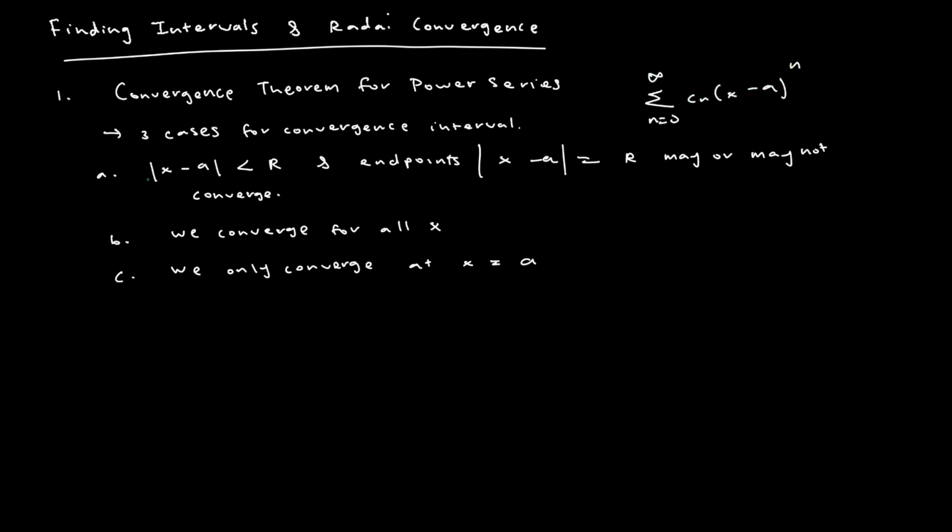So the three cases that determine the different intervals of convergence that we can have in a power series are: either we converge for all x, in which case the radius is infinite; the radius is 0 when we only converge at the center; and otherwise our radius is r, and we have convergence at all the values inside of the interval, while the endpoints, where the absolute value of x minus a is exactly equal to r, may or may not converge.